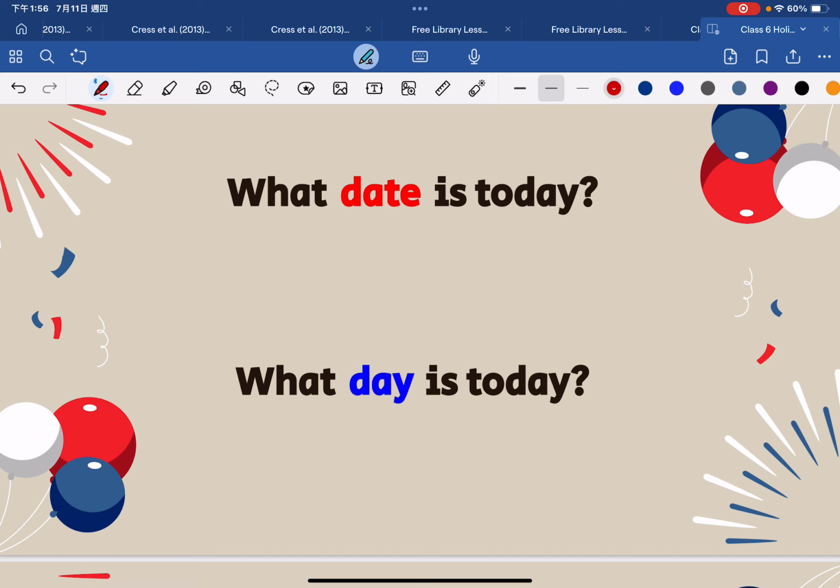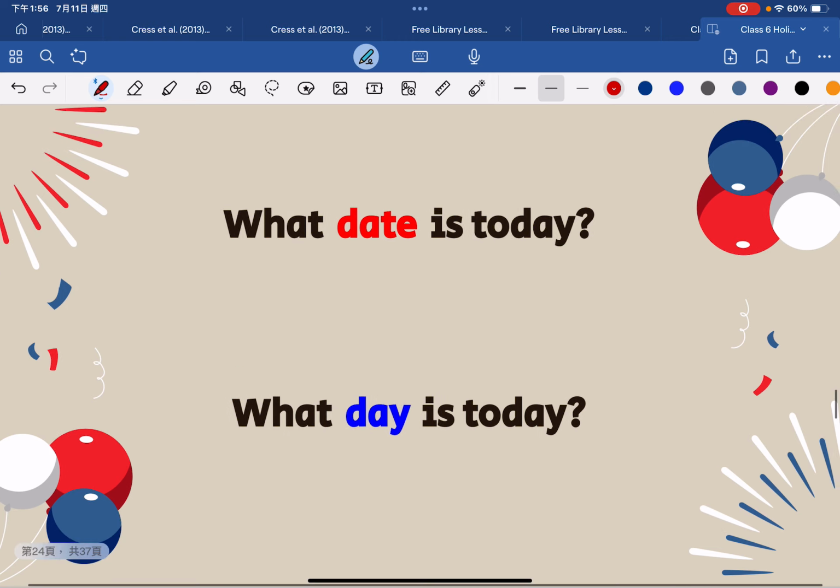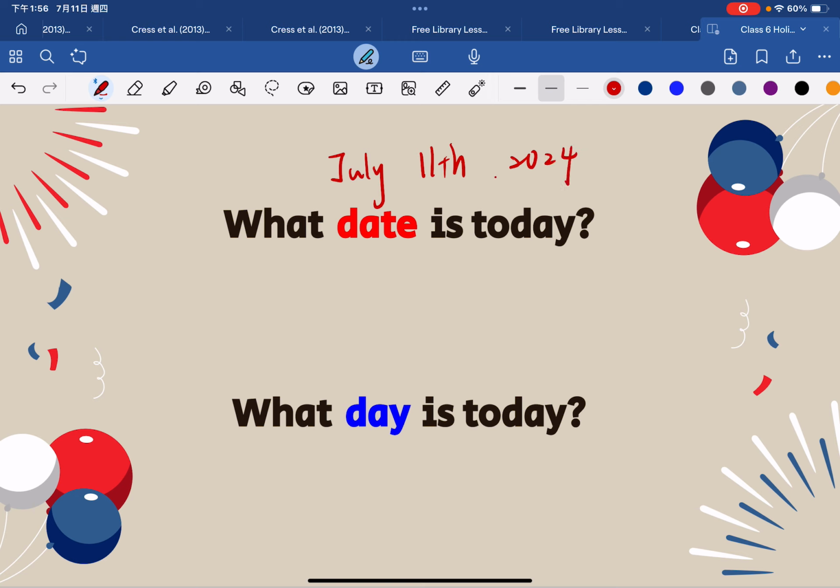So the date today is July 11th, 2024. The way we use more commonly in the United States, we call it July 11th, 2024.